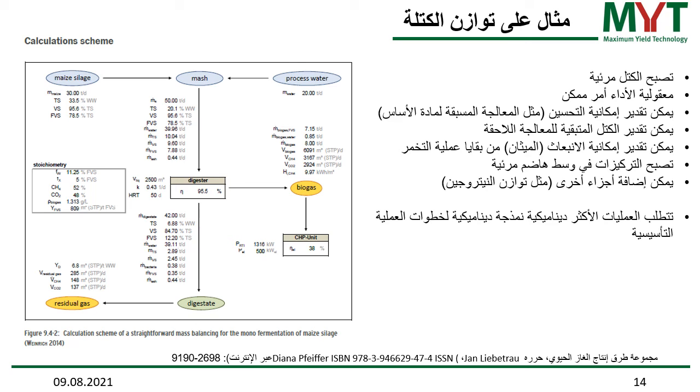You can check on potential for optimization. So if you decide for a substrate pretreatment unit, you can also check for plausibility if actually your masses allow such a pretreatment and what the potential for yield increase is actually. If you have a post-treatment, you can calculate what mass is to be treated there.